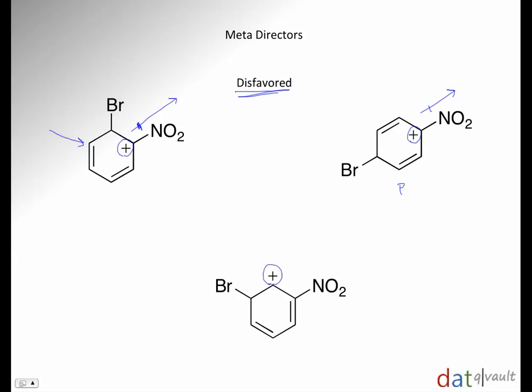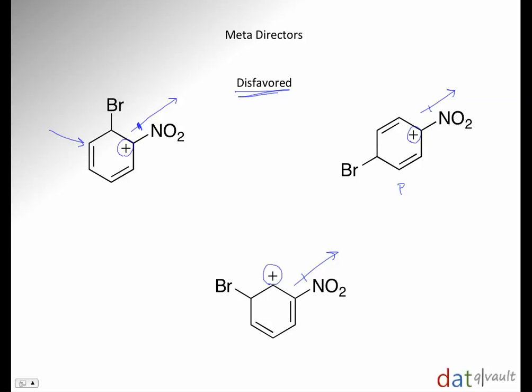So here we have substitution of the bromine in the meta position. These nitro groups are called meta directors because this dipole is not going to affect the charge imbalance on this carbocation quite as much as it would if the charge were on the carbon directly attached to this electron withdrawing group.